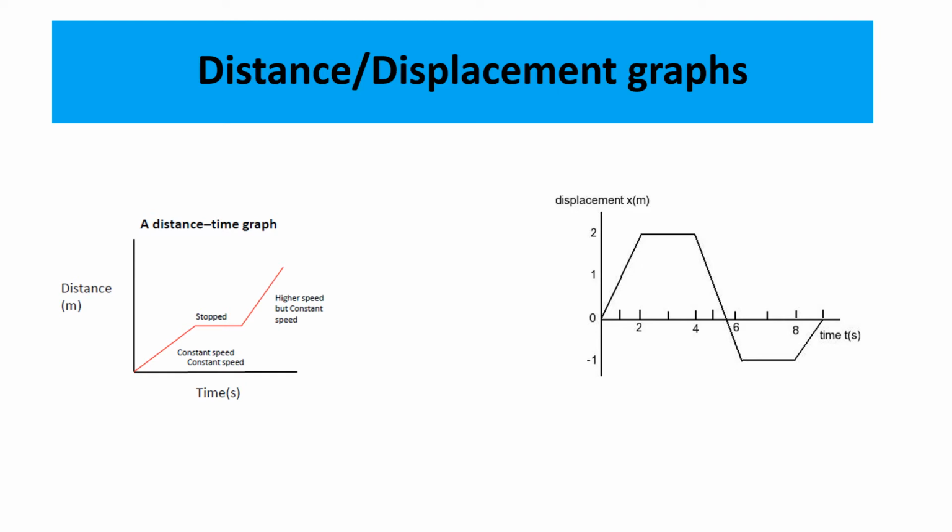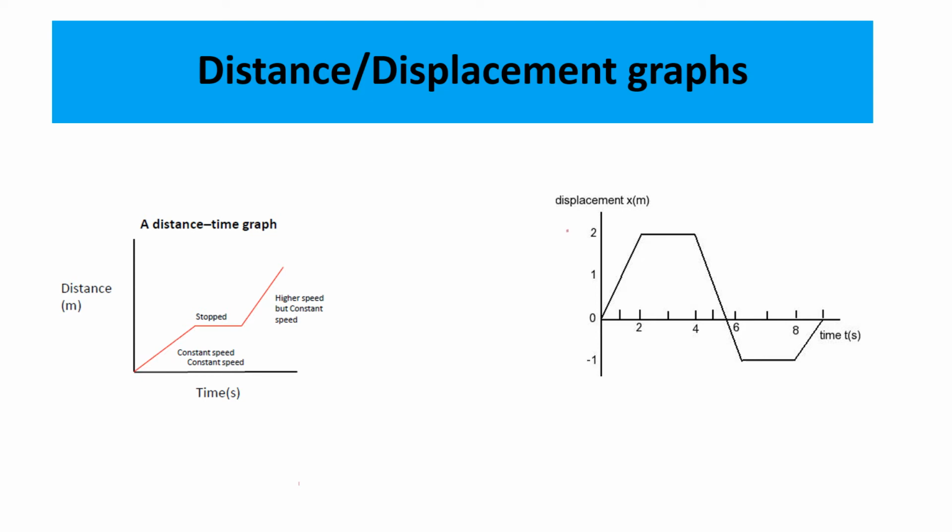Here you can see a distance time graph and a displacement time graph. In distance time graph, distance versus time, and for displacement time graph, it is displacement versus time. For distance time graph, the body is moving with a constant speed, and at this point it is stopped, and then it is moving at a higher speed but constant.